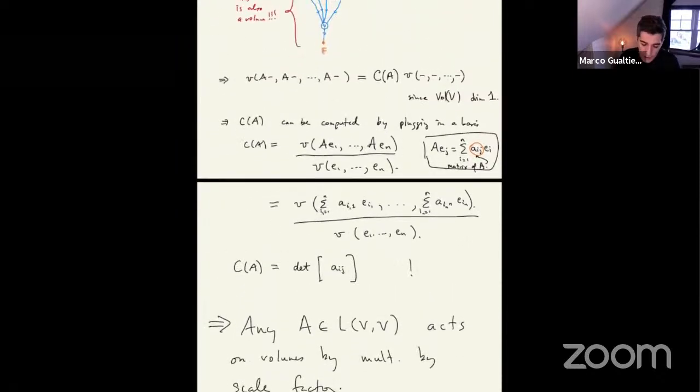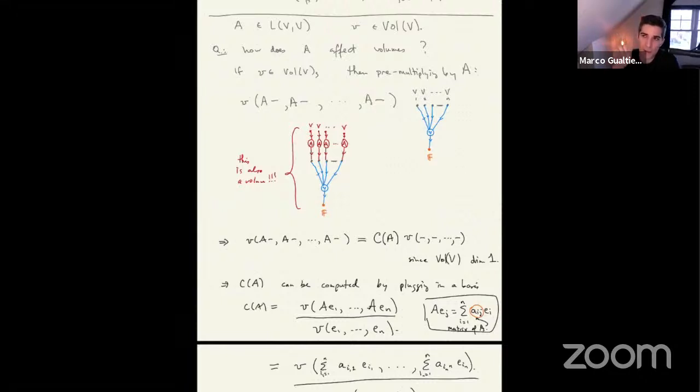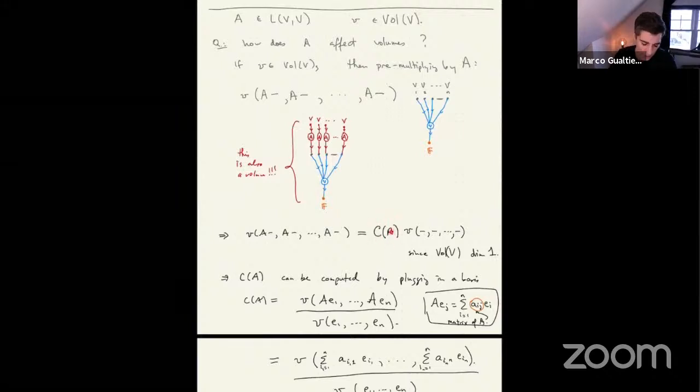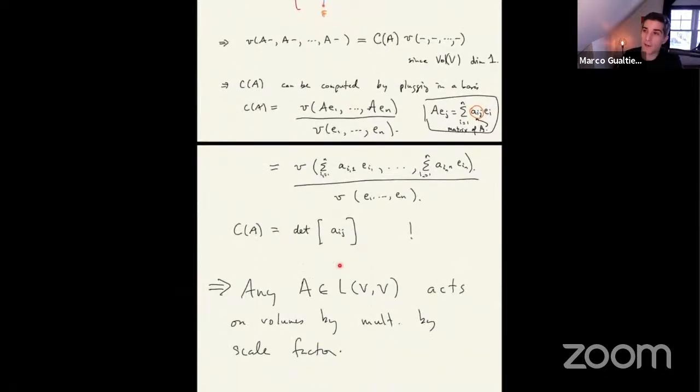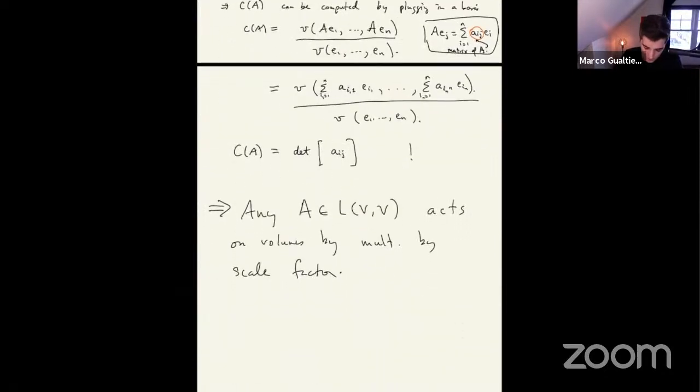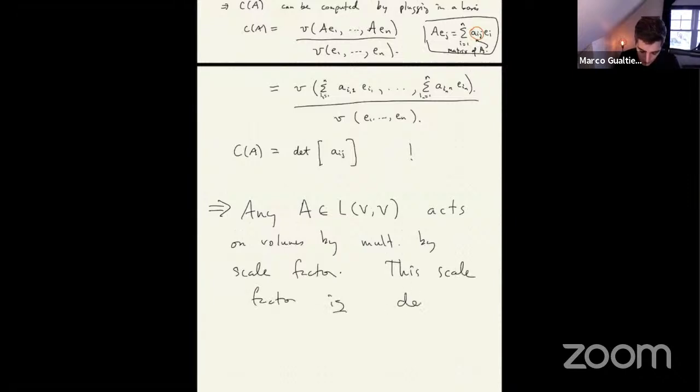When we do this procedure of applying the operator to everything and then applying the volume, the resulting effect on the volume is to multiply it by a scaling factor, an expansion factor, C of A. And that expansion factor is the determinant of A. This scale factor is the determinant of A.